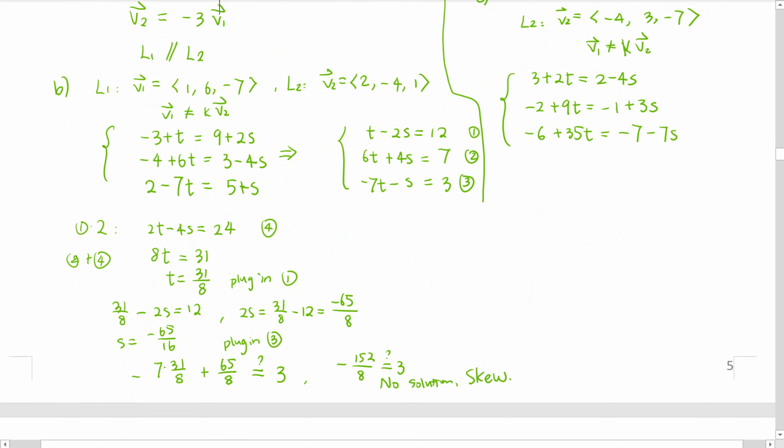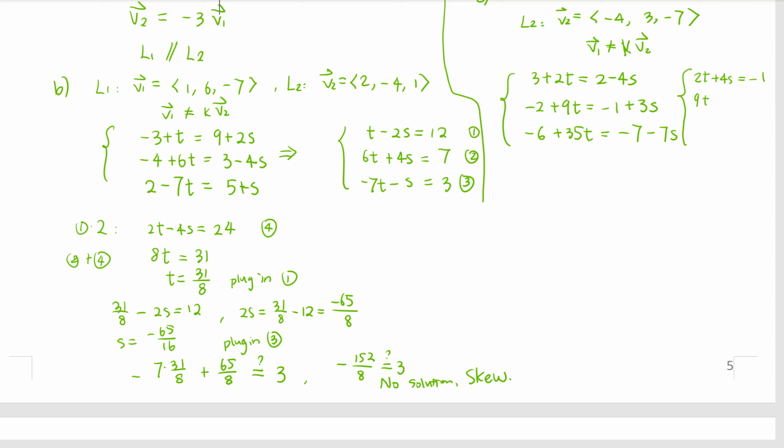Alright, so now let's change it a little bit. Let's move the s and t to the left hand side. We get 2t plus 4s equals 2 minus 3, which is minus 1.